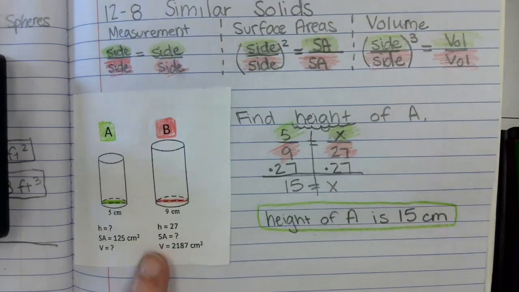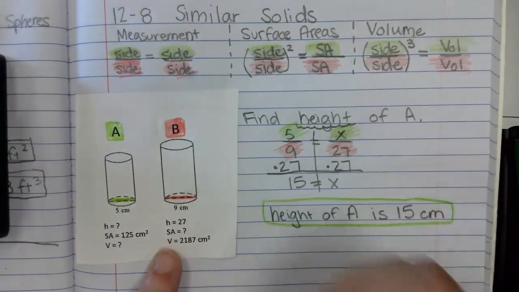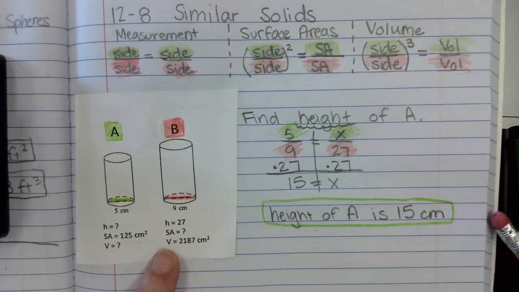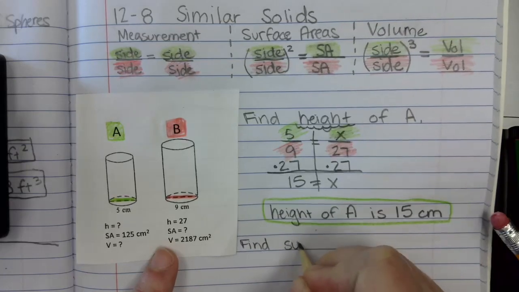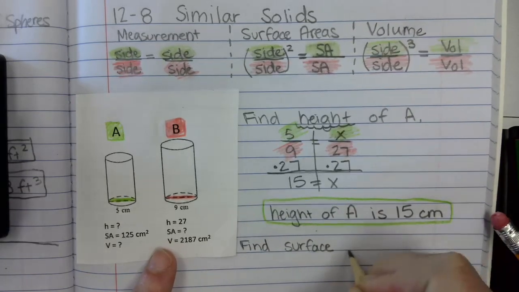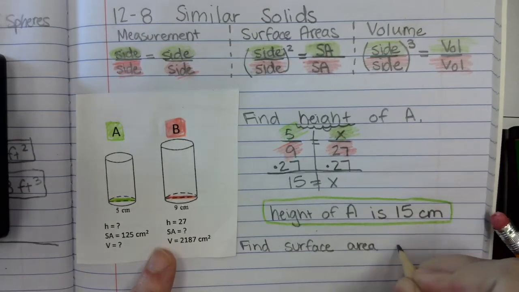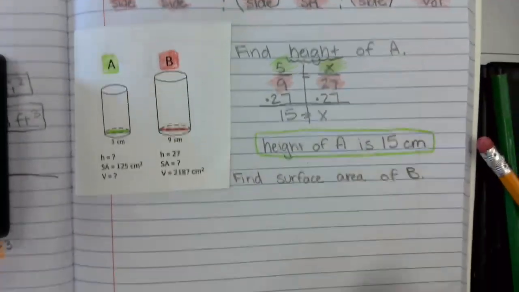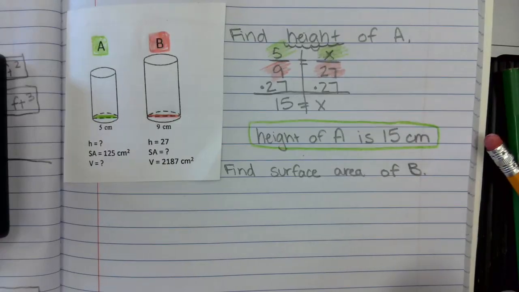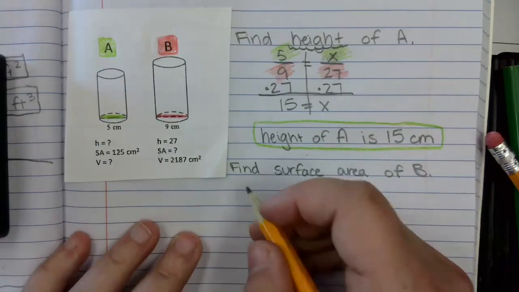All right, next up, we're going to find the surface area of B. So first I'm going to start by comparing my sides.